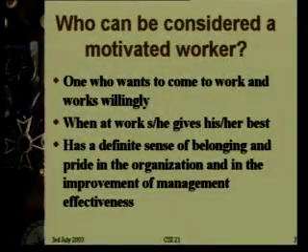Who can be considered a motivated worker? You have to watch for it. One who wants to come to work and works willingly. When at work, she or he gives his or her best, has a definite sense of belonging and pride in the organization and in the improvement of management effectiveness.